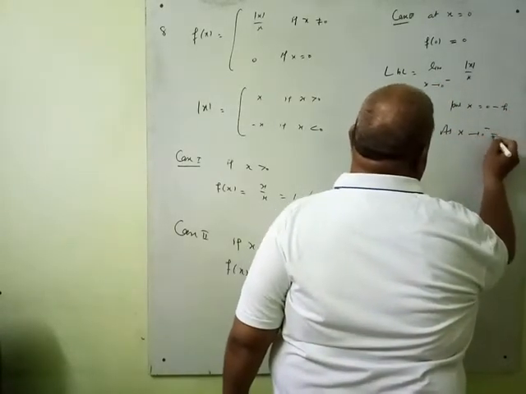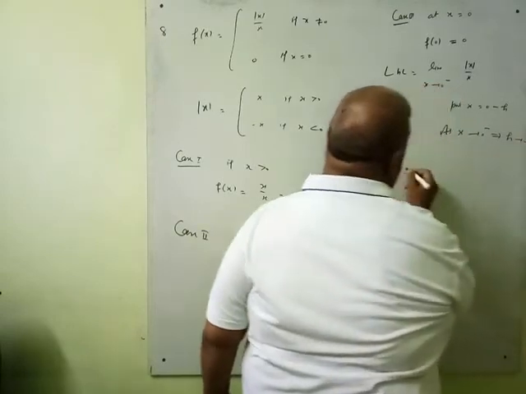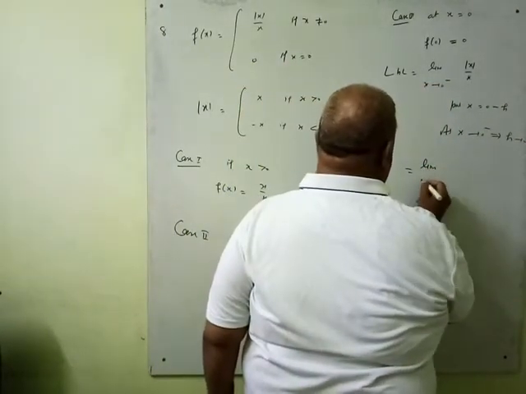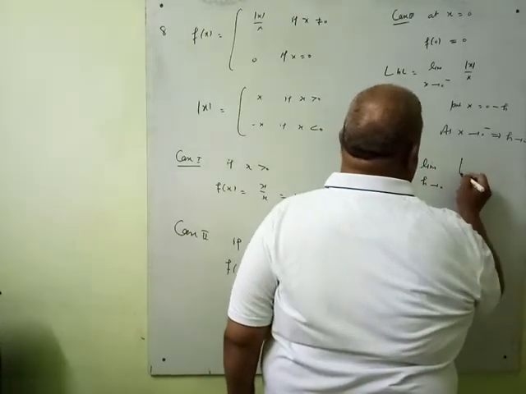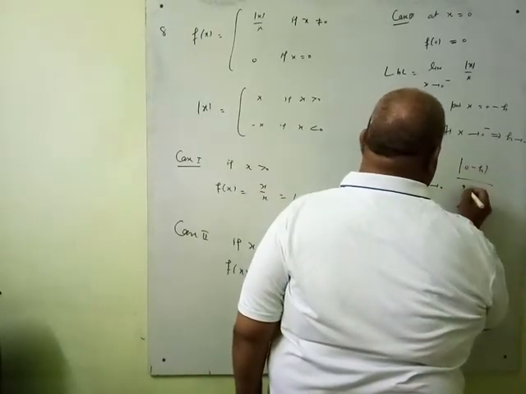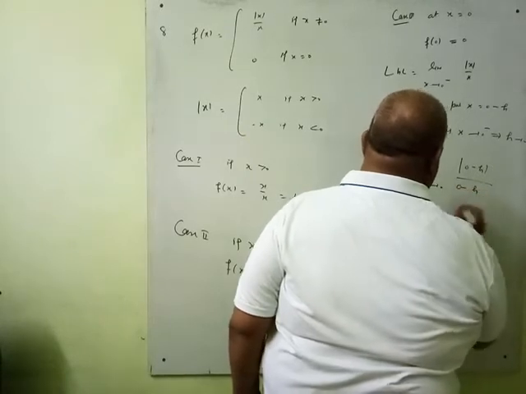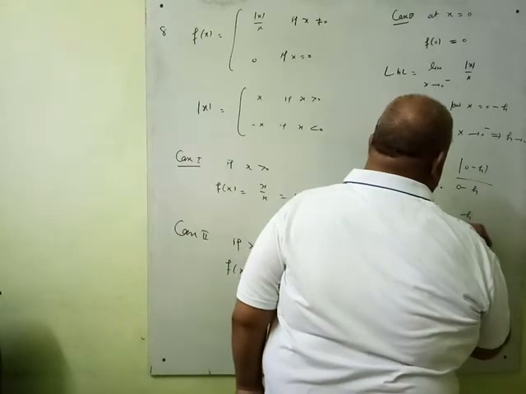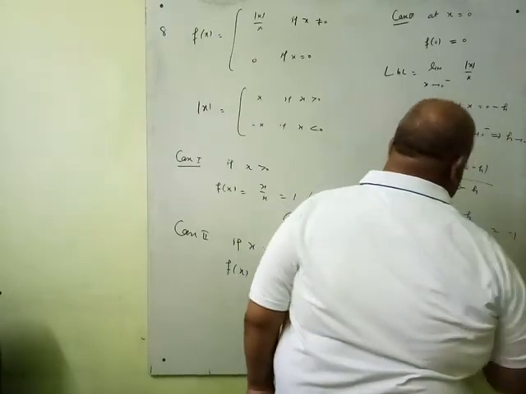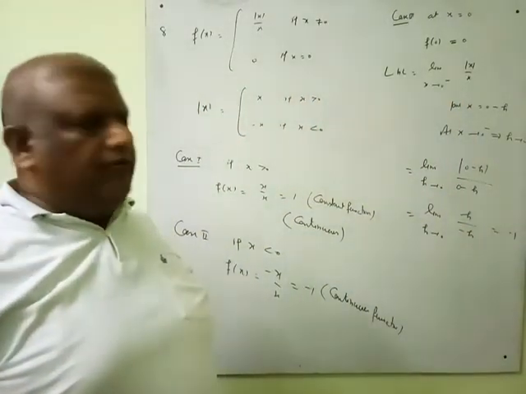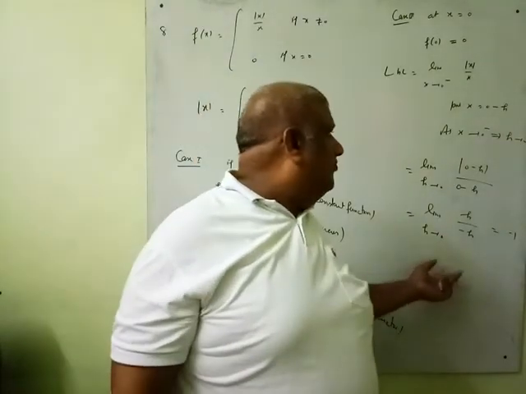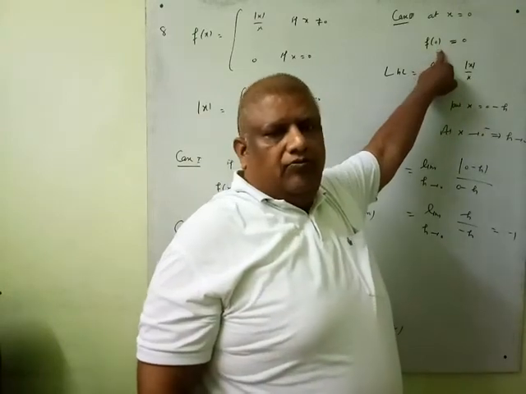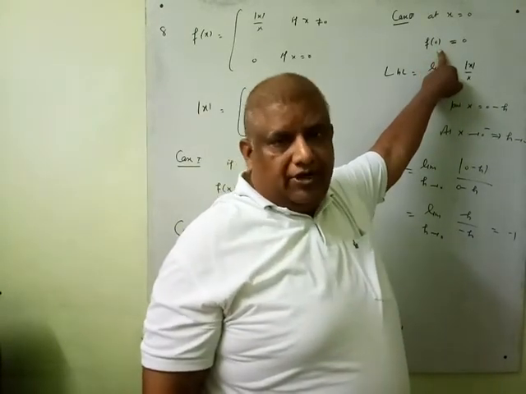As x tends to 0 minus, h tends to 0, it will become limit of mod of (0 minus h) upon (0 minus h), with h tending to 0 positive, and it is minus 1. However, we can analyze from here that the left hand limit is not equal to f(0). From here we can write down that the function is not continuous.